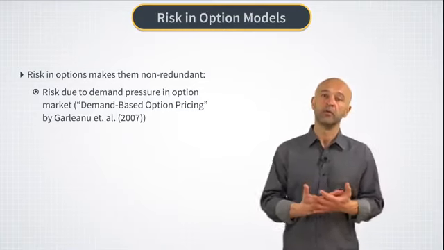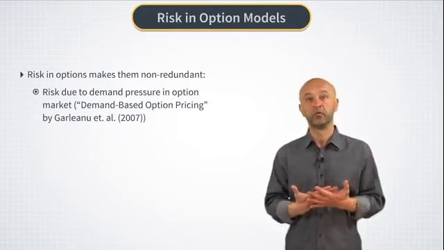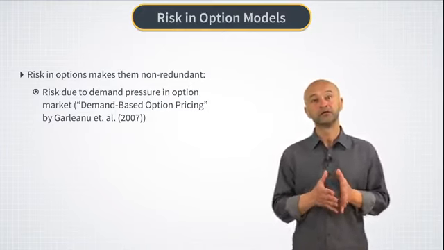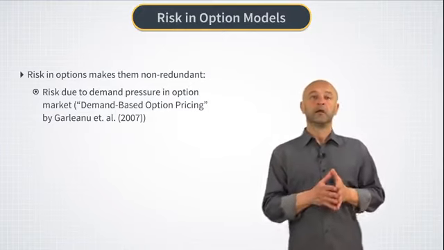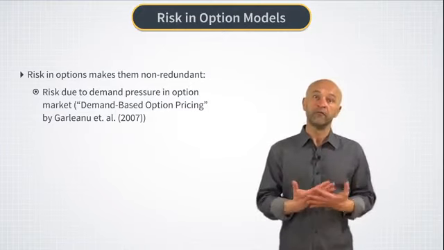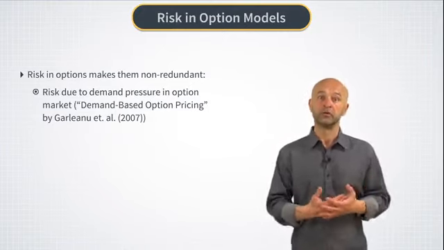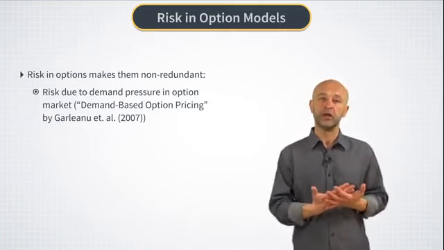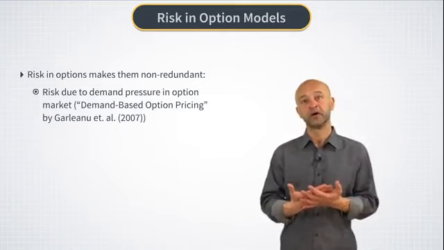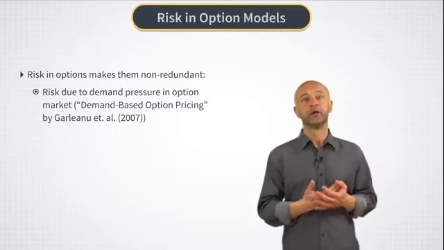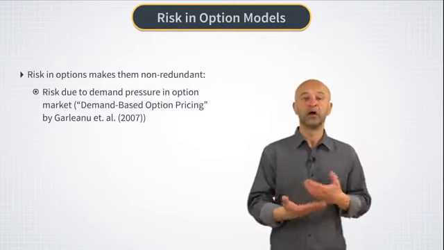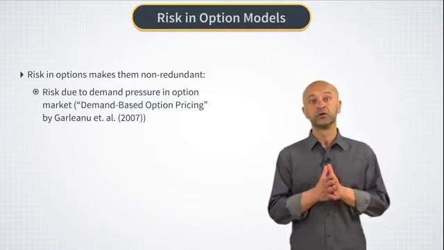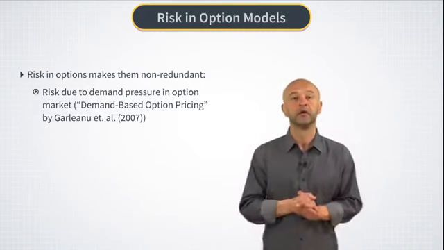They looked at the problem of option pricing from the point of view of an option market maker, that is an option dealer. Option prices then become functions of demand pressure in the market. In other words, the prices should be such that dealers that maximize their utility supply precisely the quantities of options that the end users of options demand.